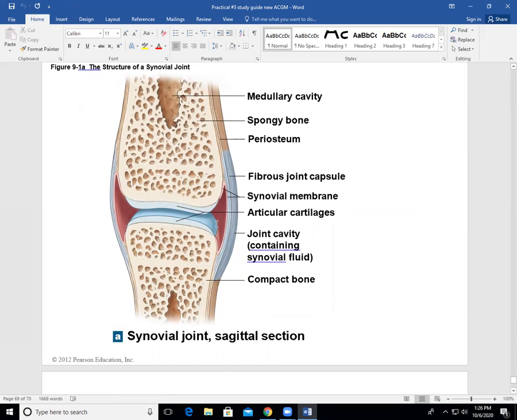It's your synovial membrane, a lining of the joint cavity. The joint cavity has synovial fluid in it. The lining of your bone is periosteum. Remember, here's your spongy bone, here's your medullary cavity, kind of going back to review, and there's your compact bone on the outer end of your bone. You should definitely be able to look at a picture of this and know this is a synovial joint.